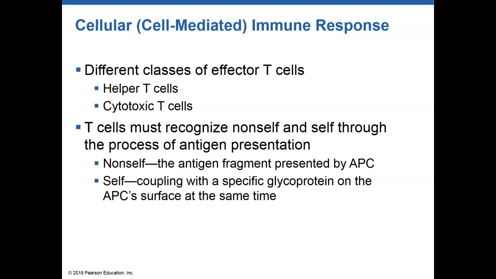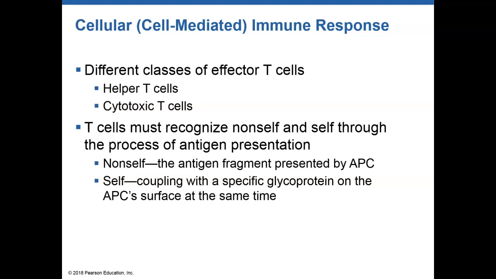We have cytotoxic T cells, which are your fighters of the T lymphocyte immunity. We have regulatory T cells that help to maintain all the T cells and make sure everything is working properly. And then we have memory T cells.